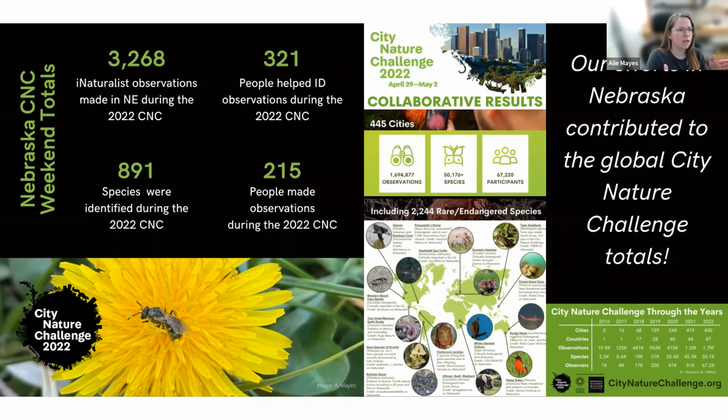Those happen the week following the CNC, the 2nd through the 5th, I think, this year. But a lot of people participate in the identification, not just people from Nebraska.